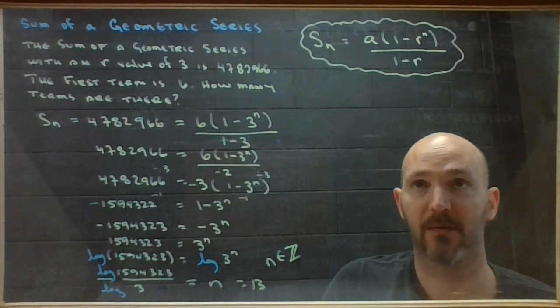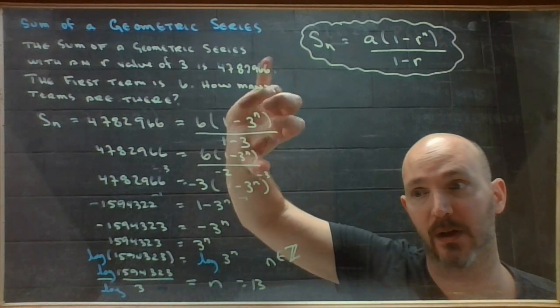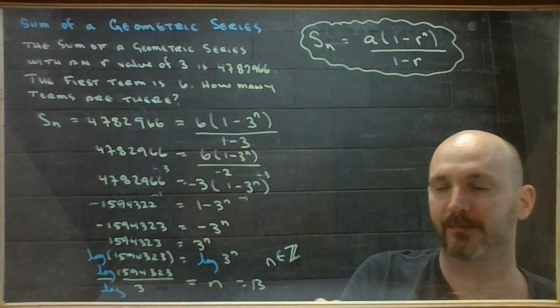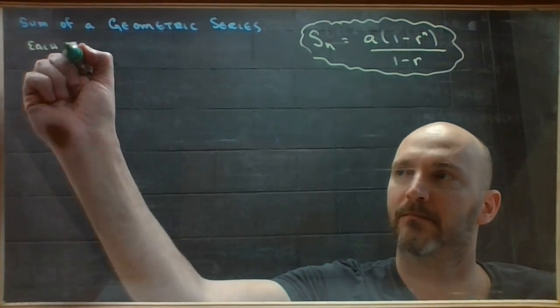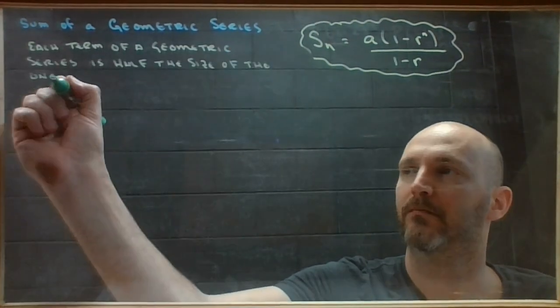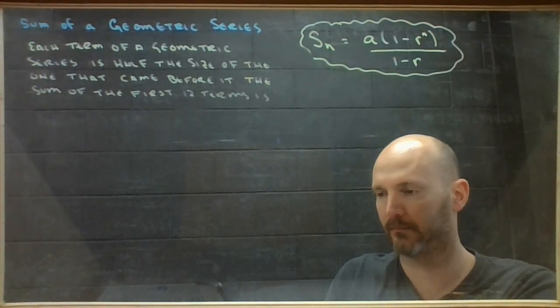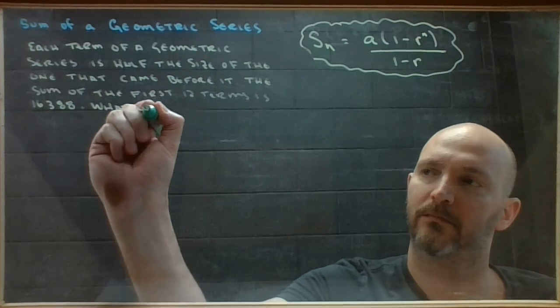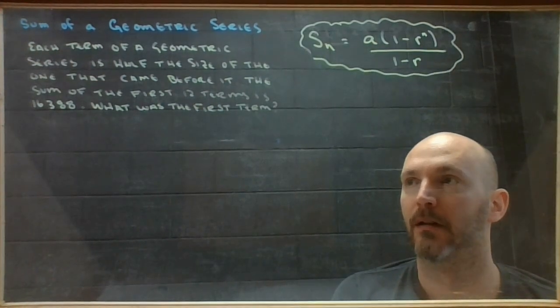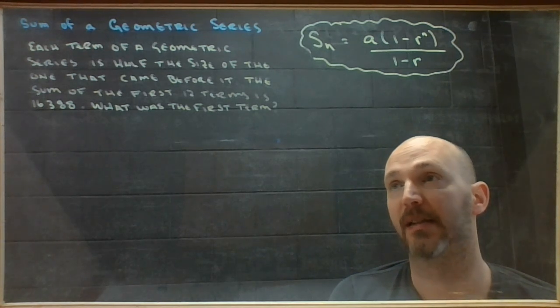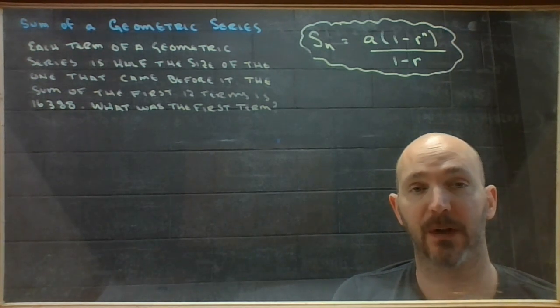We need one more example where we solve for A, and then we are good to go. The last example here: each term of a geometric series is half the size of the one that came before it.